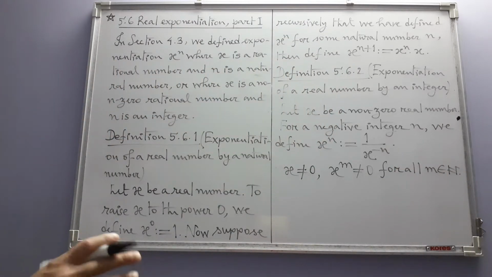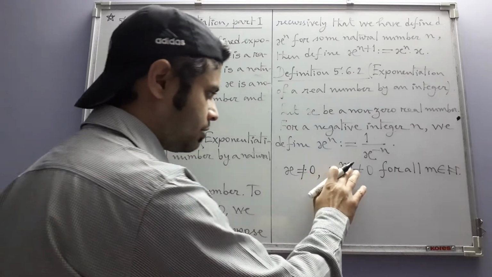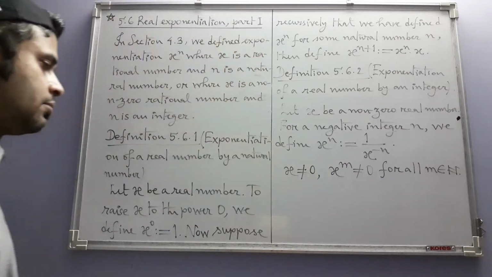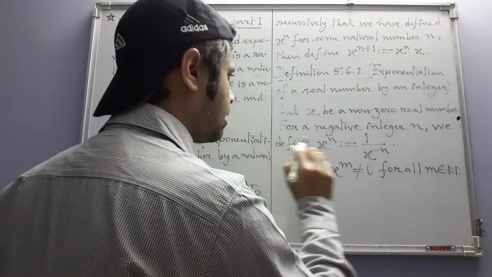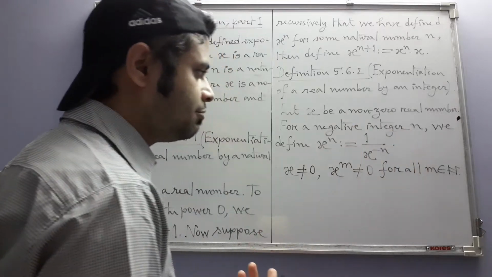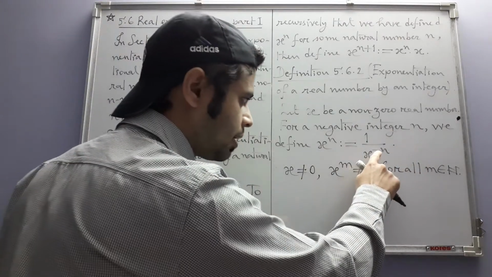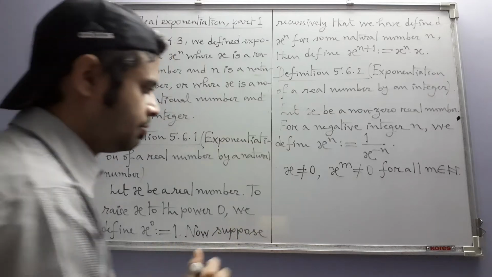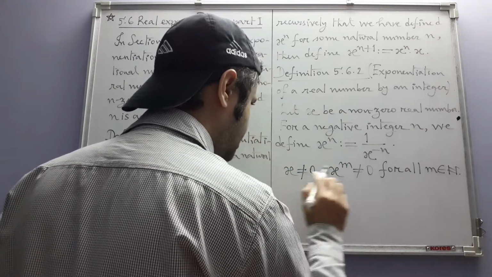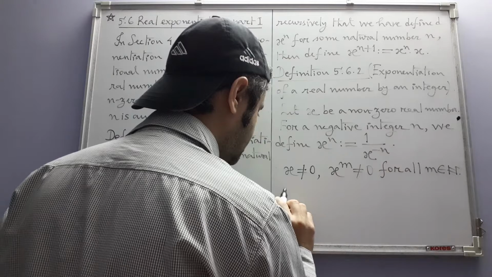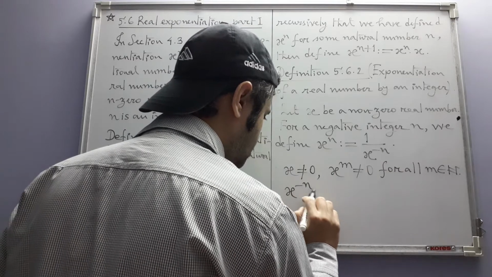This can be proved quite easily using induction on n. Fine. Now our n is a negative integer. That means minus n is a positive integer. So for that special value of m, that is minus n, also we will have this.